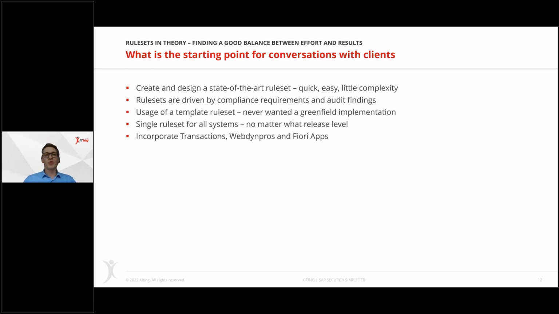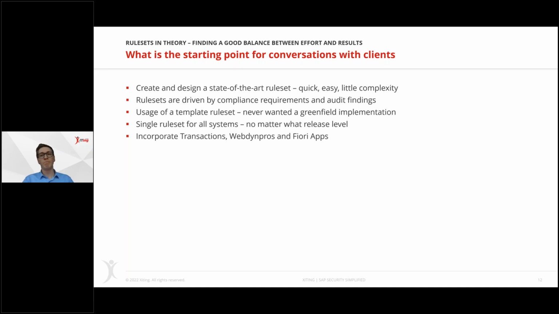When we are receiving a request for creating a rule set, it should always be quick, easy, and with little complexity. How we can achieve that, we talk about in a minute. It's always driven by compliance requirements, as I said, but also typically caused by audit findings.